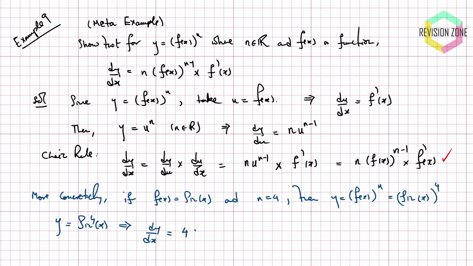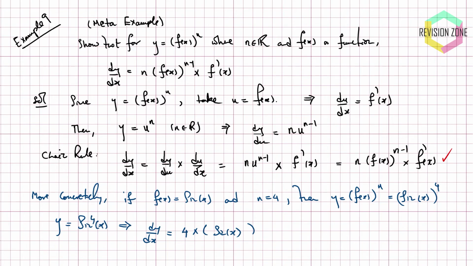Then we multiply. What do we multiply by? Well, we have a bracket and we put the f of x inside. Well, my f of x is, given how we've defined it, sine x. So I'm going to just put sine x in the brackets here. And then what happens to my power? Well, it comes down by 1.